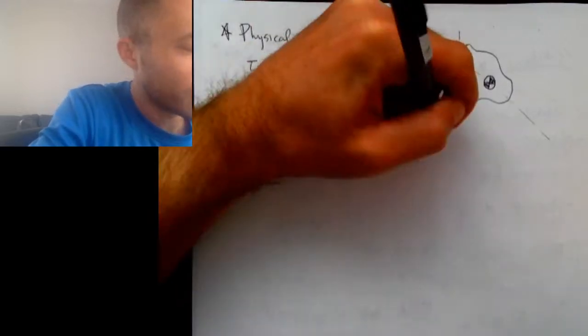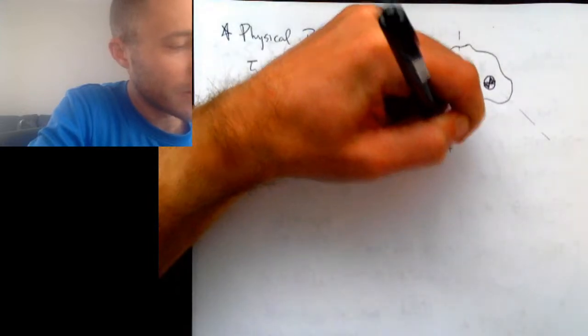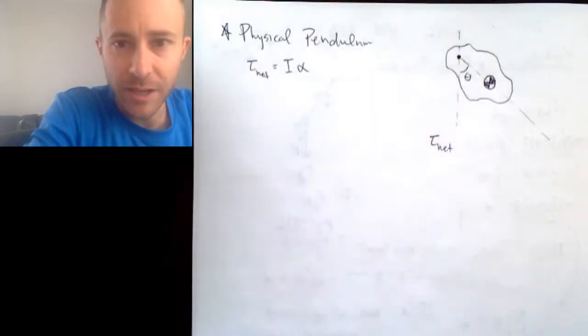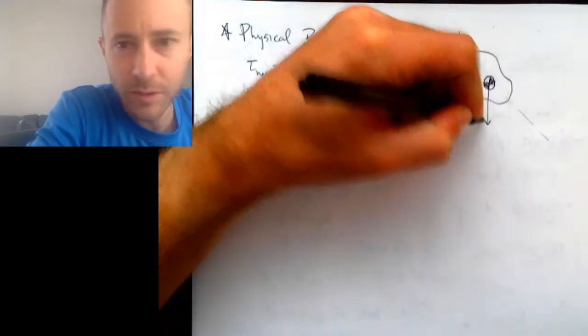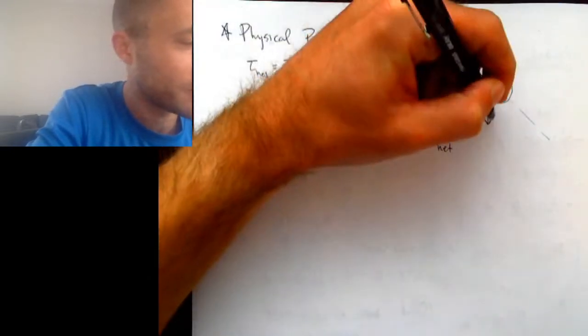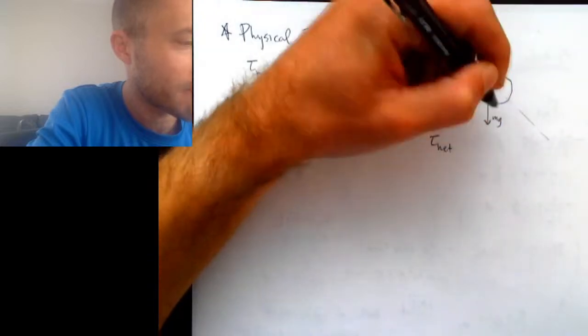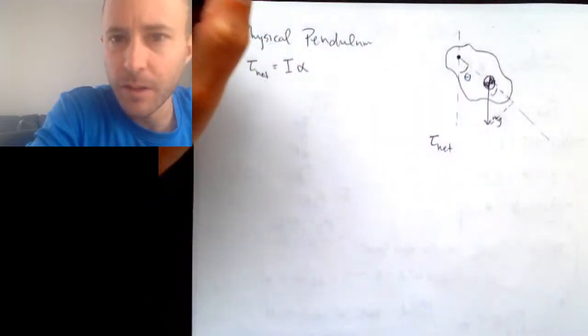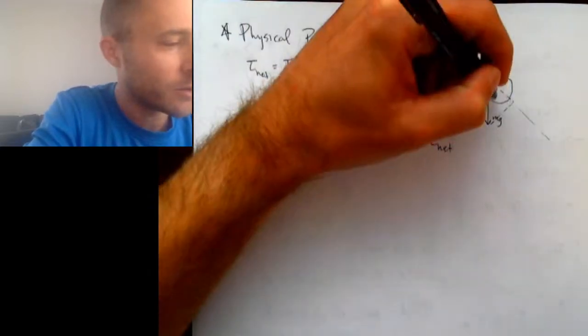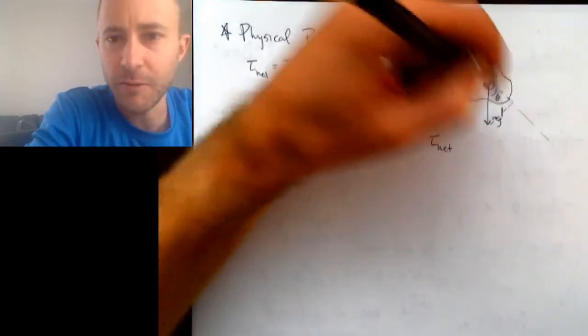You might recall that the gravitational torque acts as if it were at the center of mass. Just like before, this angle is also theta, and this is F perp.